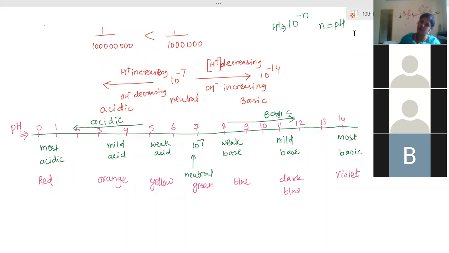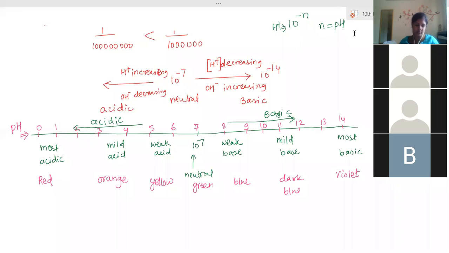Vinegar 3 is actually 2.4 to 3.4. Then tomato juice 4.1. Ma'am, can you please repeat the value for vinegar? Vinegar 3, approx.